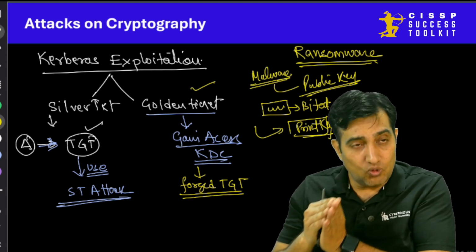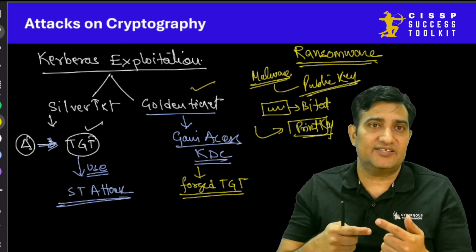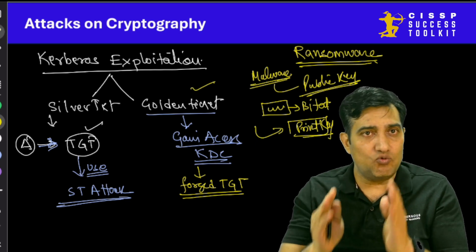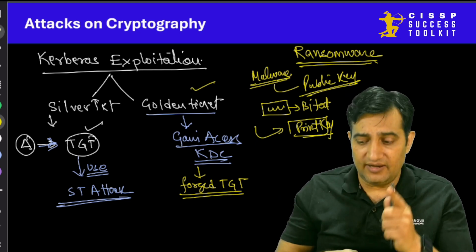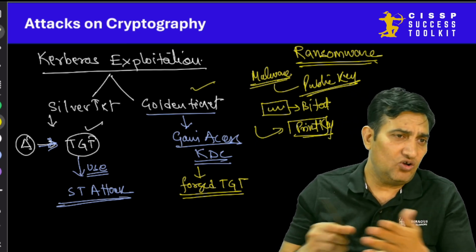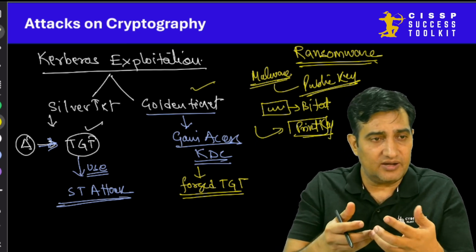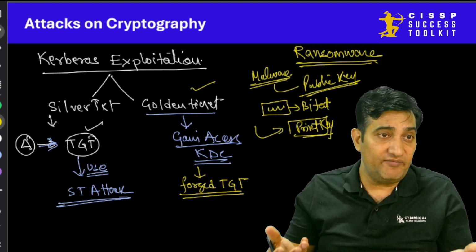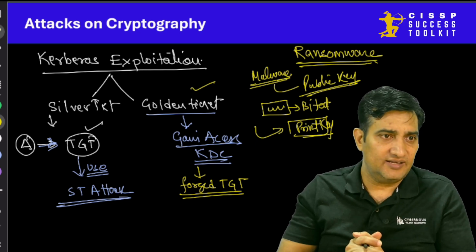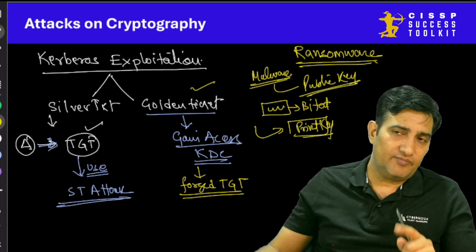Golden ticket attack, when the attacker has access to the entire KDC itself and is able to generate forged tickets and then use them. Simple as that. Then ransomware attack, I think we all know it. The attacker or the malware is able to encrypt your data using the public key, and for the private key they are asking for money. So these are certain attacks you should be clear about in cryptography.